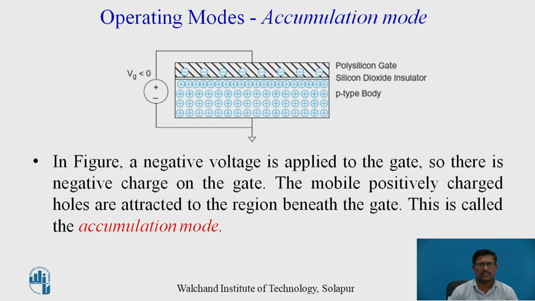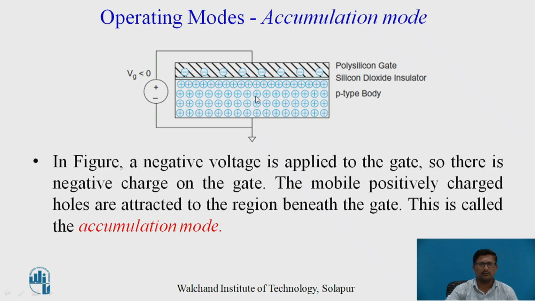Now first we start with the operating modes. The first is accumulation mode. If you observe this diagram, this is the p type body, meaning this is the NMOS.